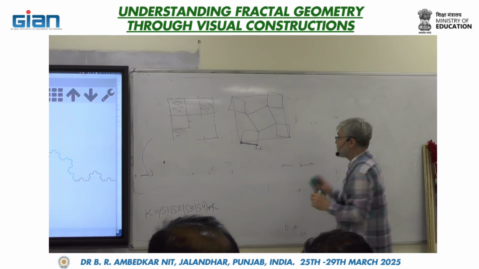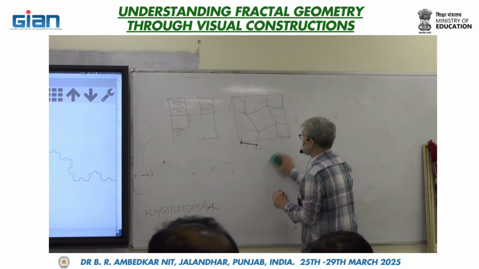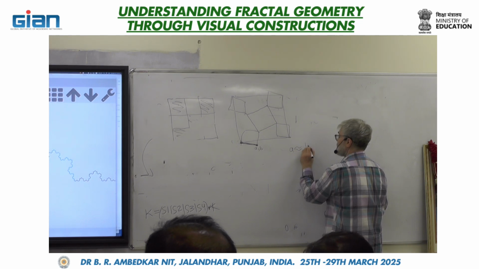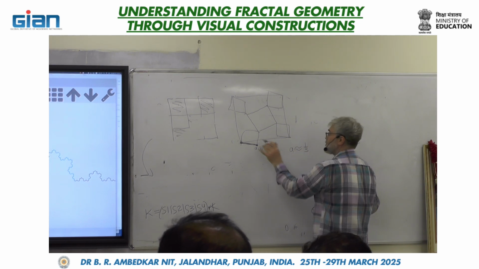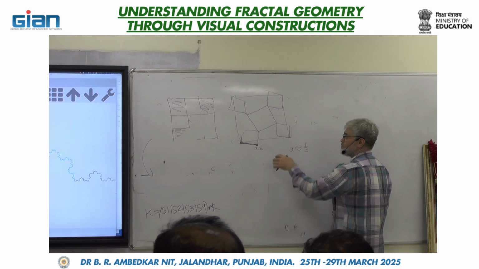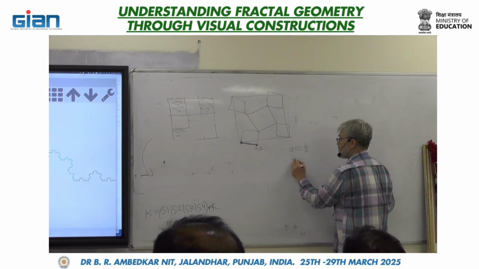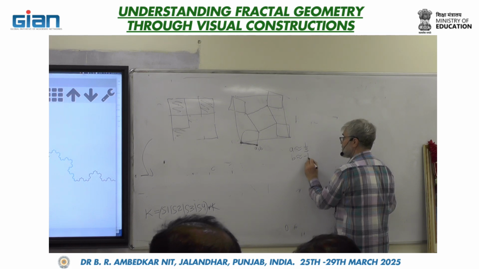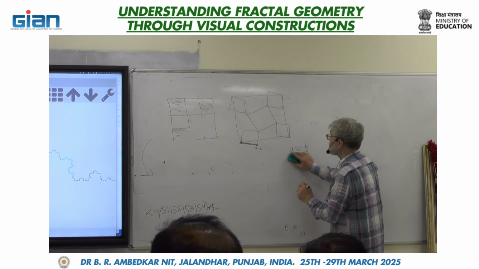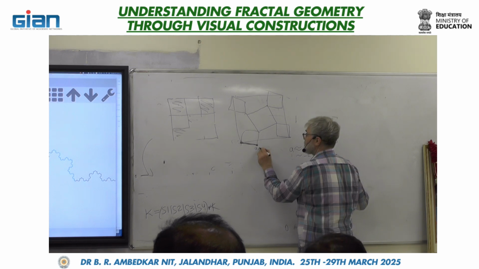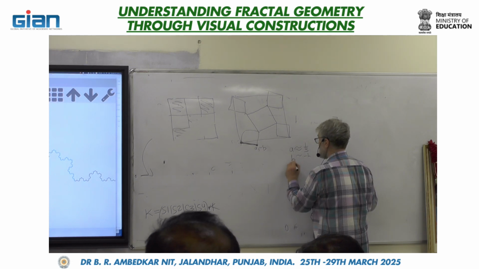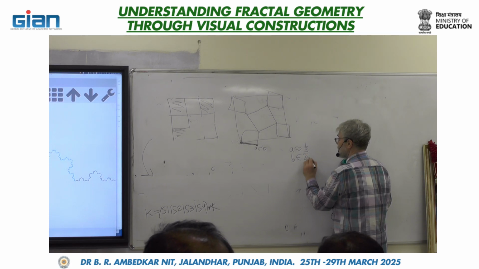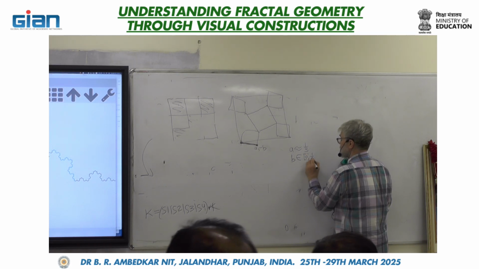So A will be approximately 1/3 or something like that, and B will be some negative value, maybe minus some H. So it will be A minus B. And B belongs to some interval between 0 and say 1/6.